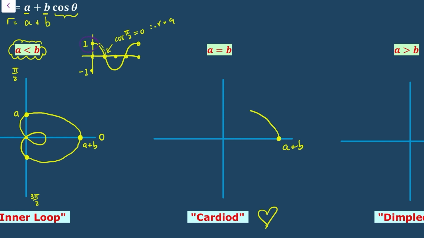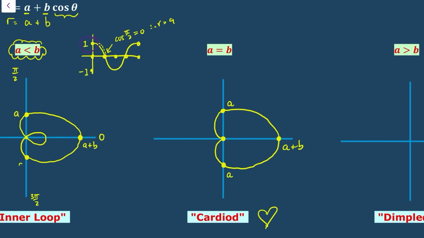I'll end up crossing at a, and what happens then is I stop here at 0, 0, and this heart shape continues symmetrically below the initial line. So I have a plus b, this is a, that's obviously 0, and this is a as well.